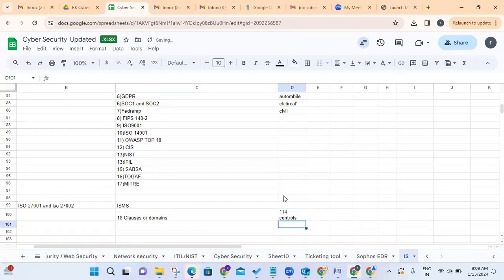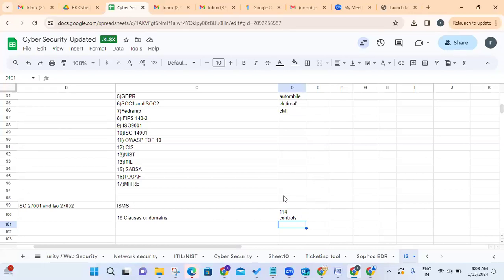The first four belong to overall planning and the leadership team who will fall under the ISMS team, and also plan, do, check, act. That means planning, doing, checking and finally implementing all those controls, and the process approach for how to implement all these 114 controls. The first four are taken care of by the overall leadership, the board of directors or authority people.